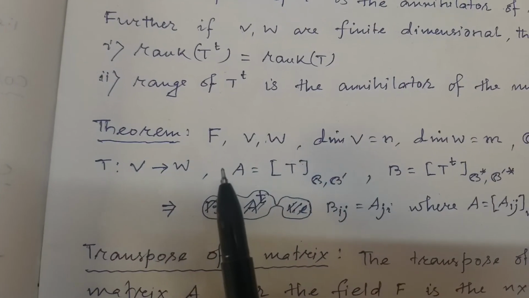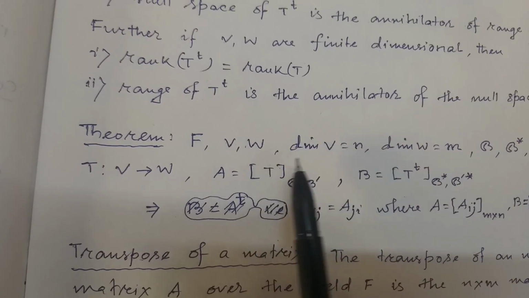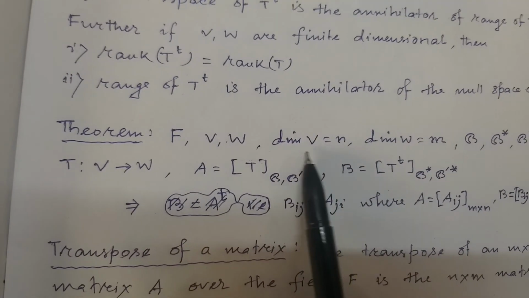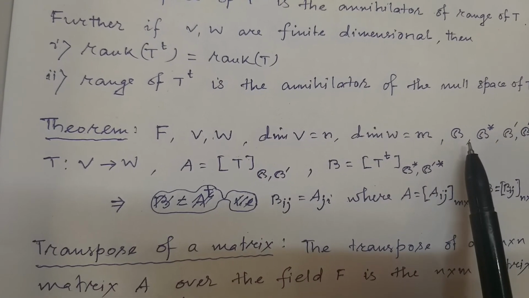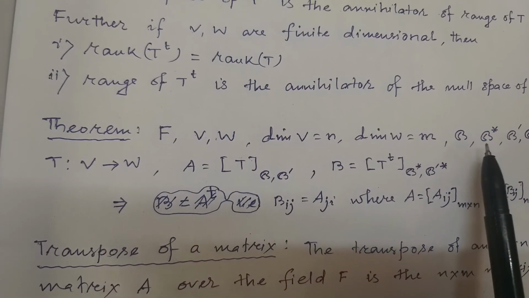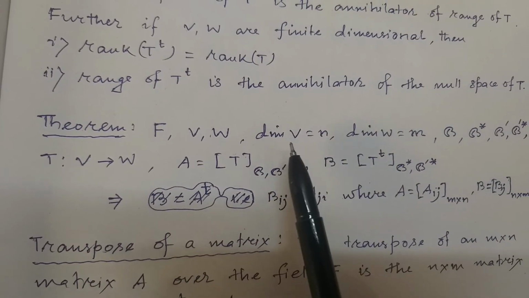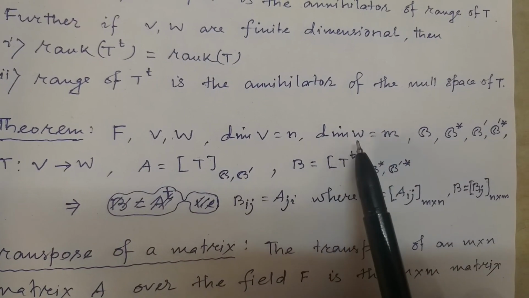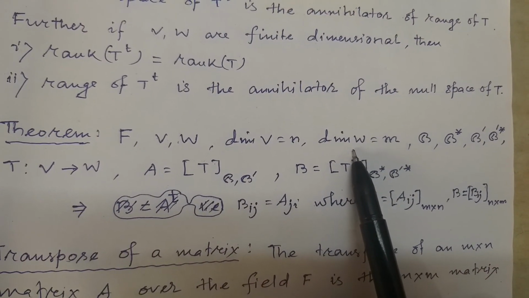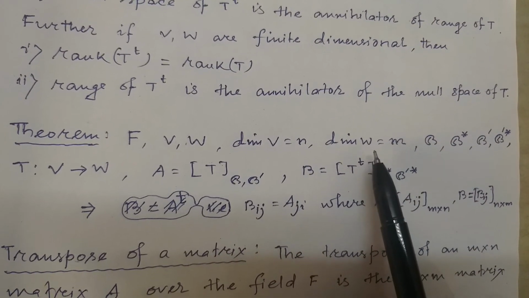Next theorem: let F be a field, V and W two finite dimensional vector spaces, dimension of V is n, dimension of W is m. B is an ordered basis of V, and B star is the dual basis of V star. Similarly, B dash is an ordered basis of W, and B dash star is the dual basis of W star.